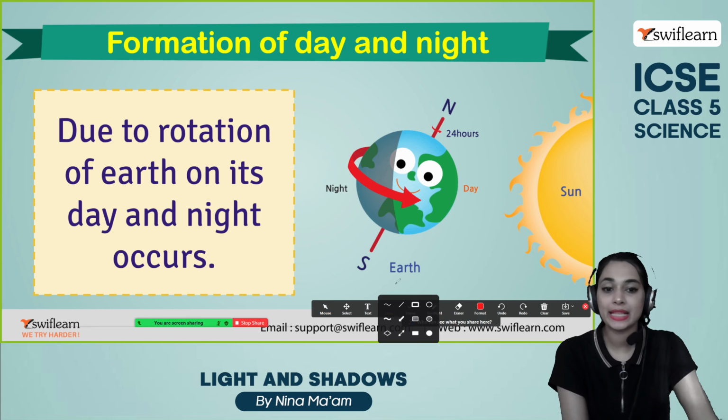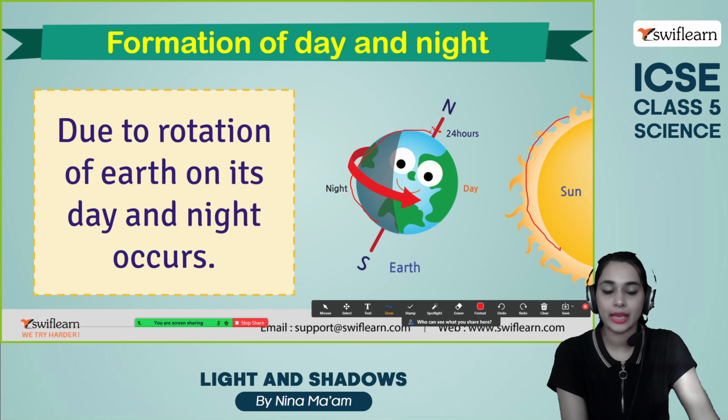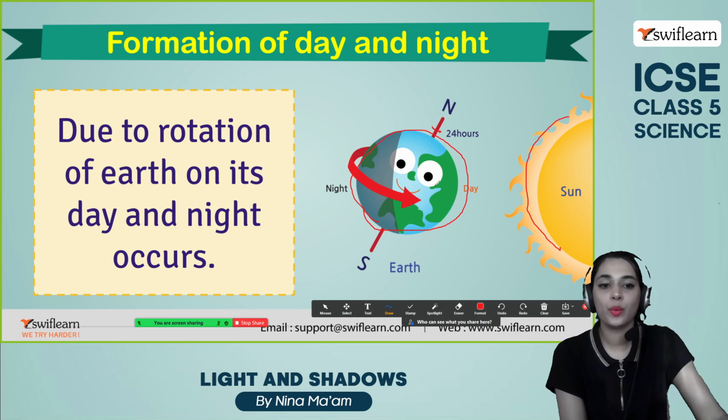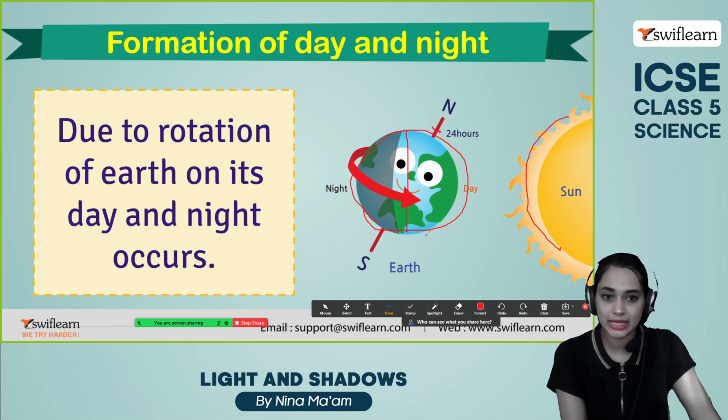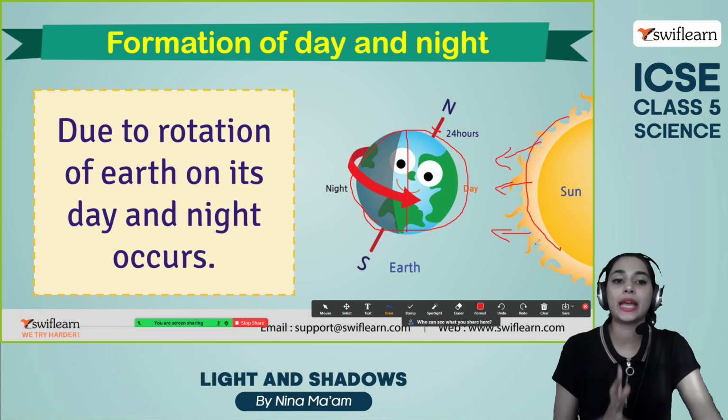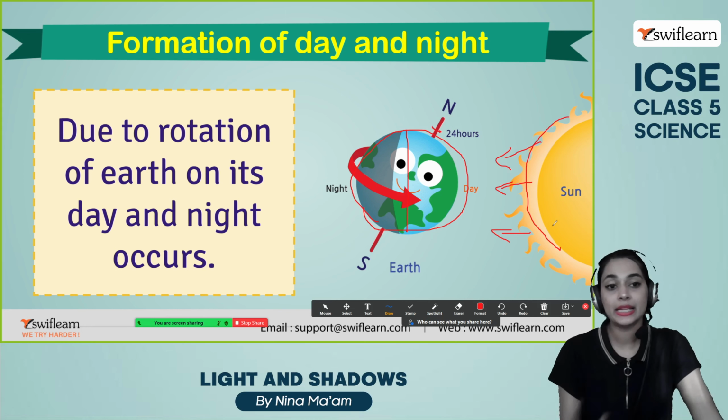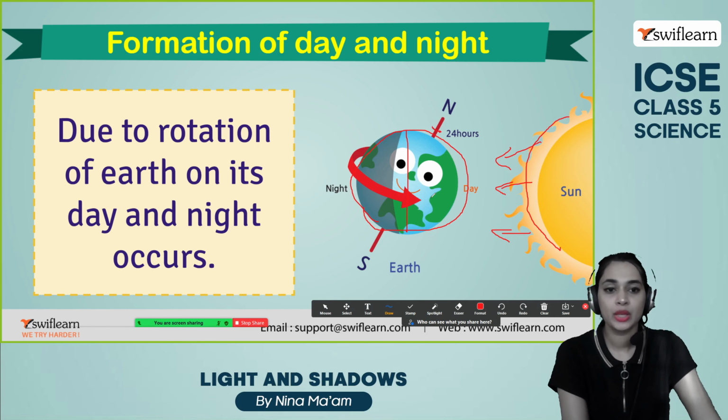As I mentioned earlier, the sun will remain constant and the earth rotates on its axis. Imagine it's like a ball. When it rotates on its axis, this portion is bright because it faces the sun. It will get a lot of sunlight and rays from the sun, so this portion will have daytime.